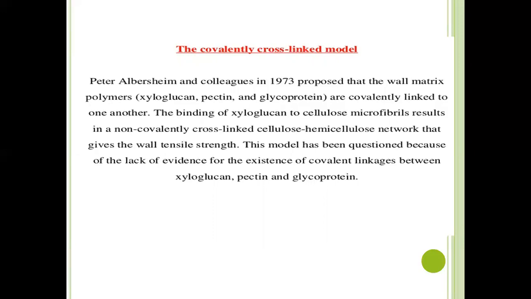The binding of xyloglucan to cellulose microfibrils results in a non-covalently cross-linked cellulose-hemicellulose network that gives the wall tensile strength. This model has been questioned because of the lack of evidence for the existence of covalent linkage between xyloglucan, pectin, and glycoprotein.